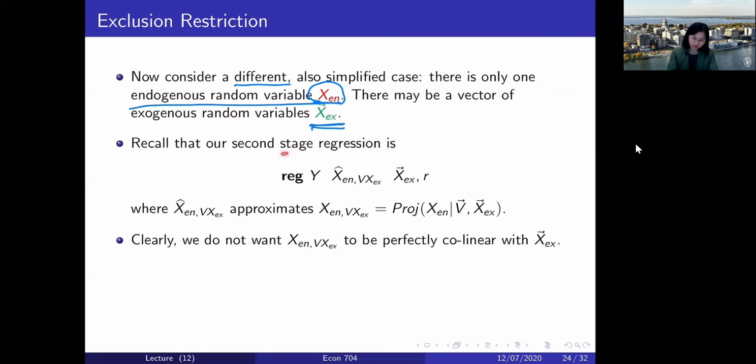Recall that our second stage regression is to regress Y on this approximation of the projection of XEN on V and XEX, and on XEX. So for this regression to work asymptotically, we want this projection and XEX to be not perfectly collinear. So clearly we do not want this projection to be perfectly collinear with the exogenous variables.